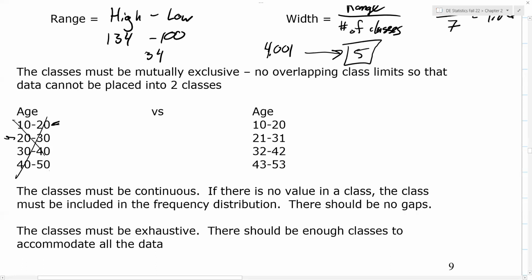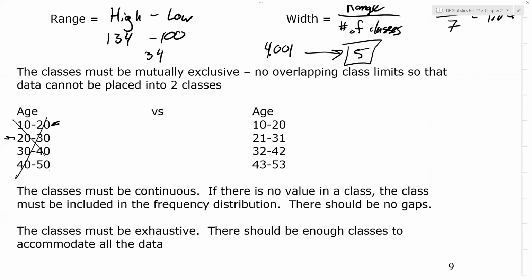Now, when you go online or if you take a stats class in college again, the way you write your classes differs from book to book. I've taken 3 stats classes, and then this one I teach. All 4 of those classes had a slightly different way of talking about classes and how they've written them.